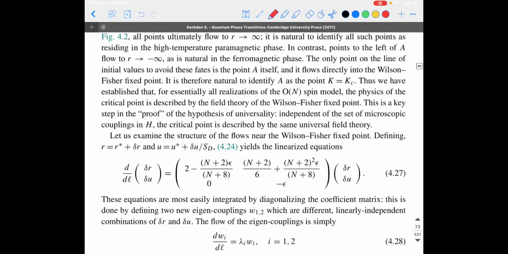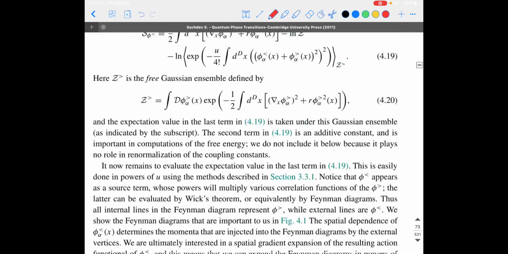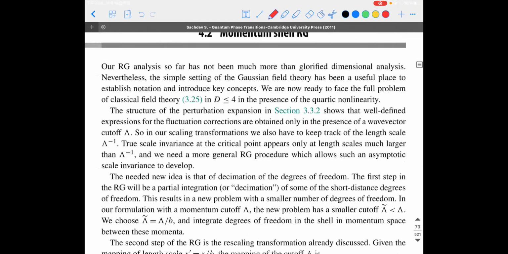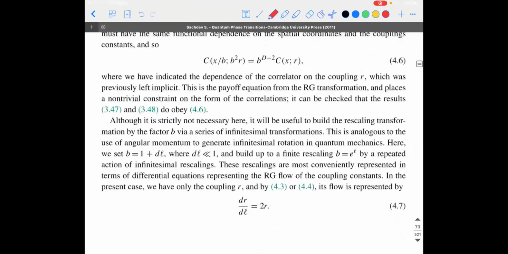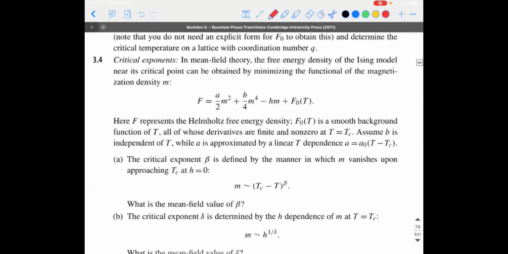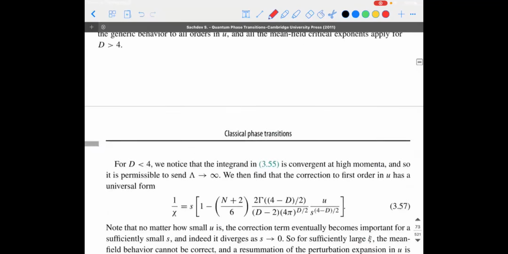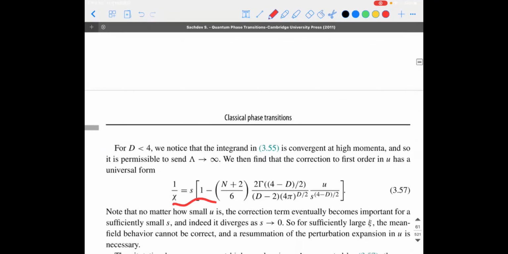So why here? Let me see. But actually, we have seen that there is a divergence, an unphysical result in our perturbation calculation. Why is this one wrong?